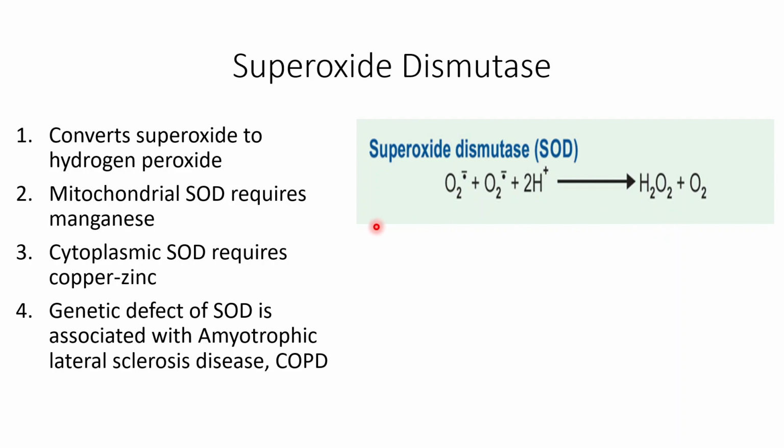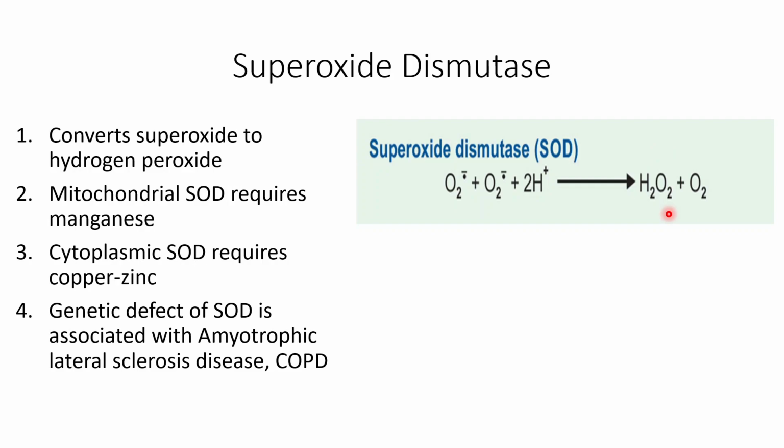The mitochondrial one requires manganese as coenzyme, whereas the cytoplasmic one requires copper and zinc as coenzymes. If there is a genetic defect of superoxide dismutase, it is associated with diseases like ALS, or amyotrophic lateral sclerosis, or COPD.